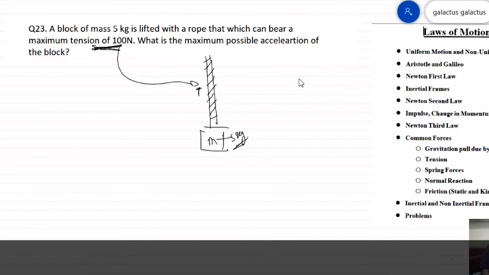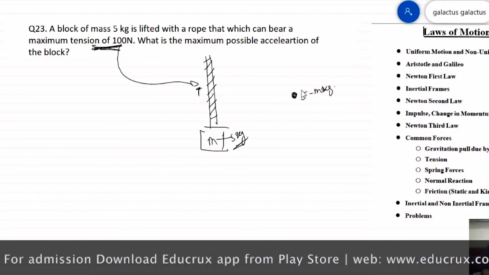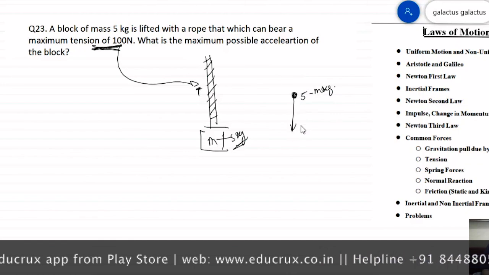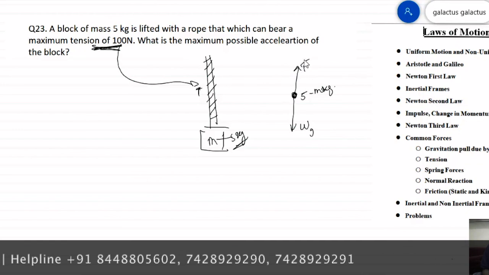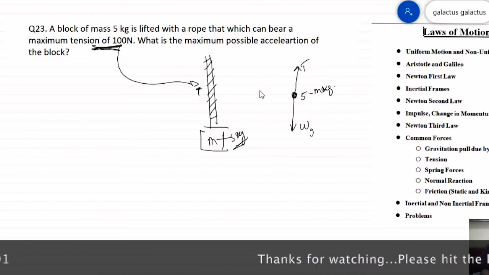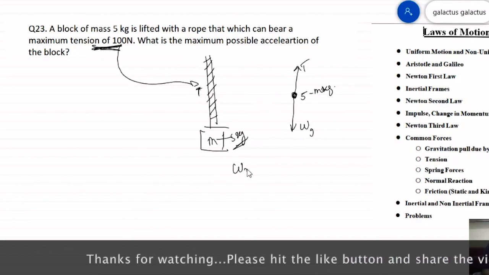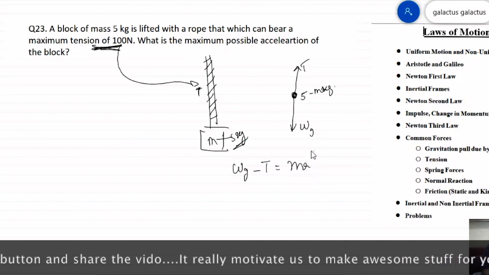Let us first draw the free body diagram of this block of mass 5 kg. Weight is in the downward direction and tension is in the upward direction. If I assume the block is moving downward, I can write mg minus T is equal to ma.